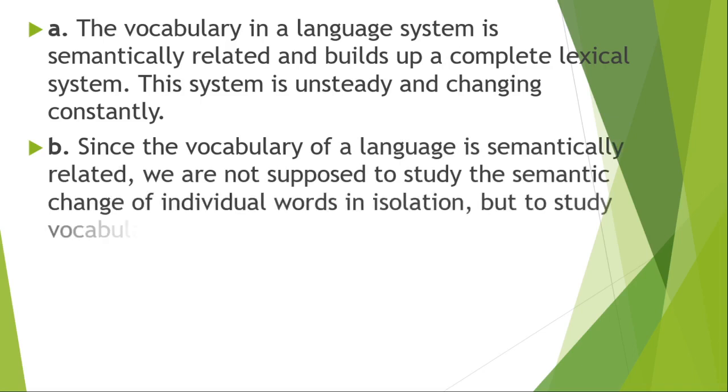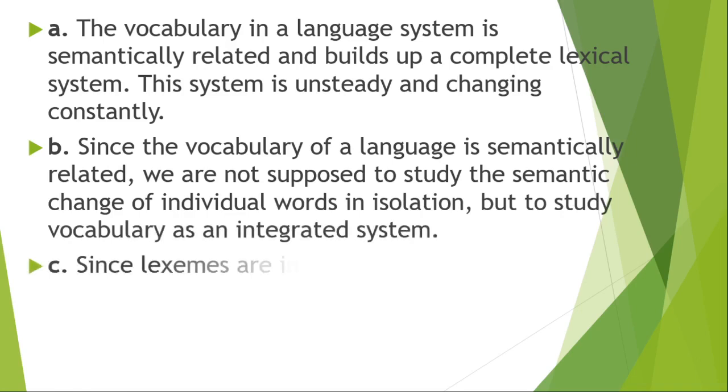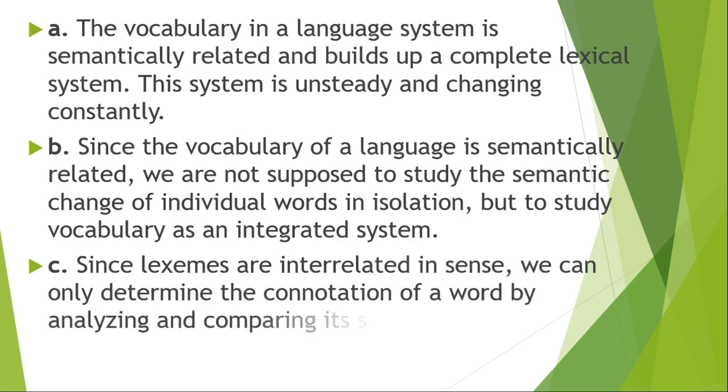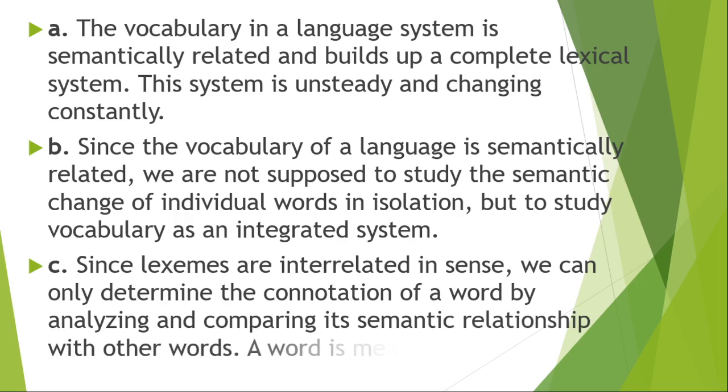The third feature is sense. Lexemes are interrelated in sense. We can only determine the connotation of a word by analyzing and comparing its semantic relationship with other words. A word is meaningful only in its own semantic field.